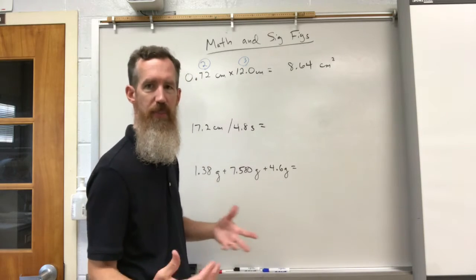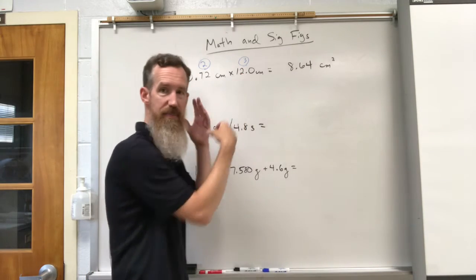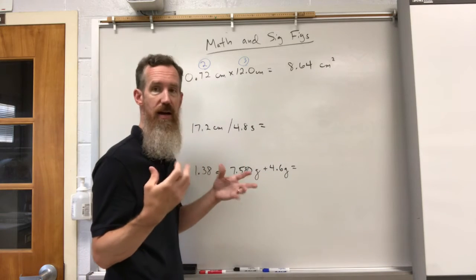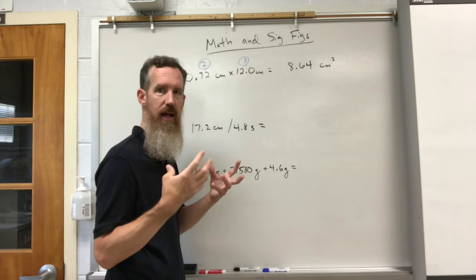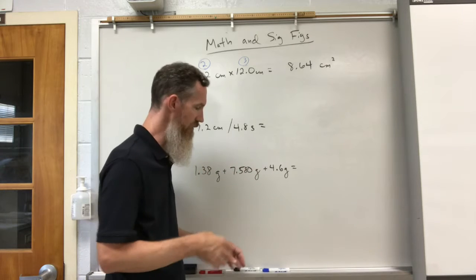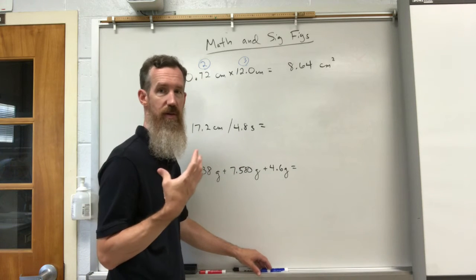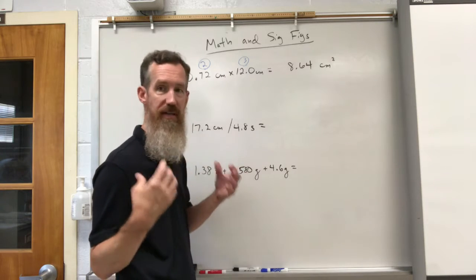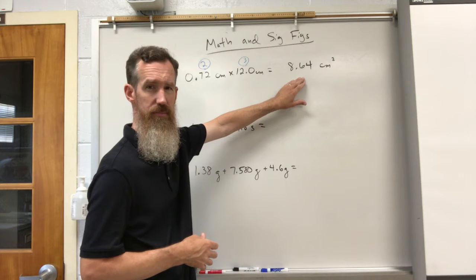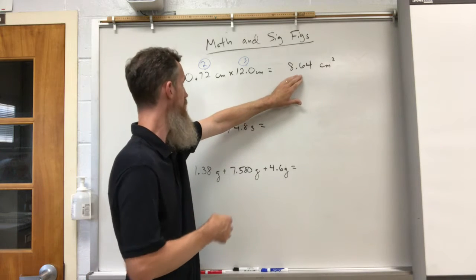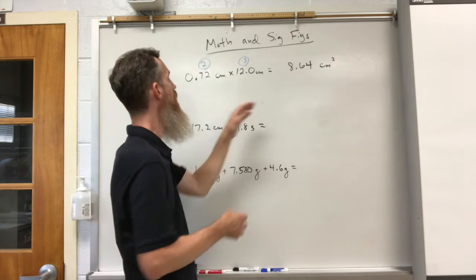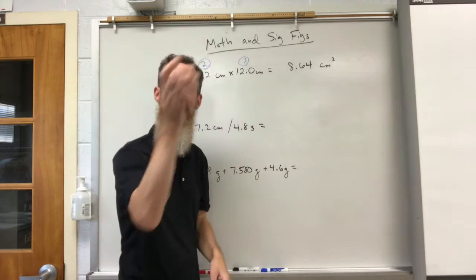Now, to balance the two different rulers that we used and to keep the combined value in line with these measuring devices, we have to take the number that we multiply, and we have to apply the measurement that had the least amount of significant figures.